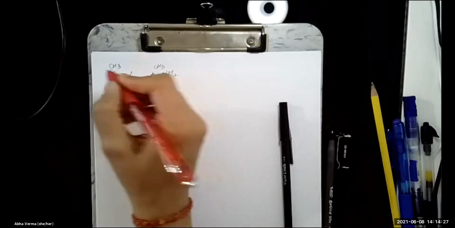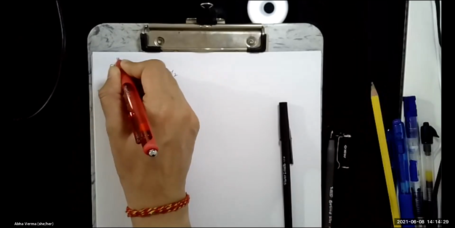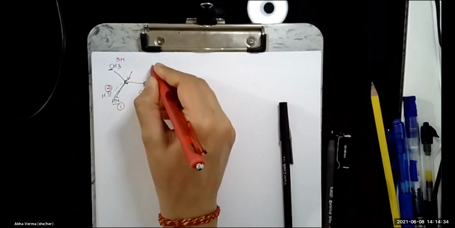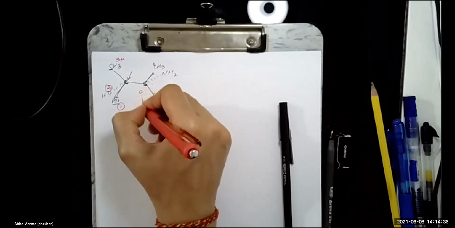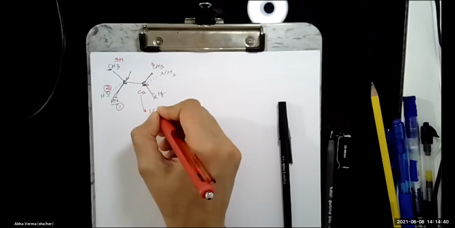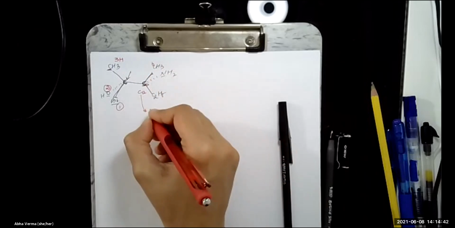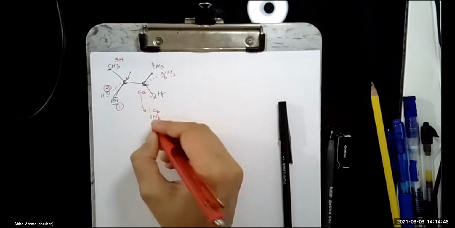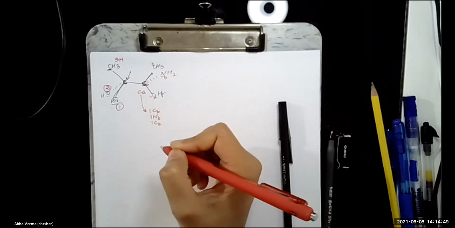So I see that on this carbon, I have 3 hydrogens, while on this carbon, I have a carbon. So this carbon A has 1 carbon, 1 nitrogen, and another carbon right here.